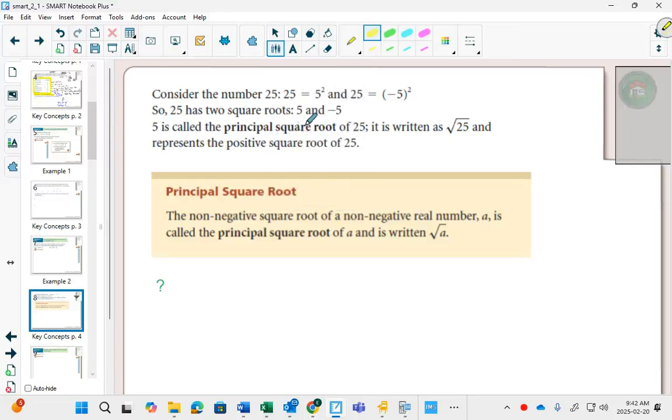Highlighter, we got some definitions here that are often a little bit confusing. Because in math, when you have the square root of 25, the answer is just 5.